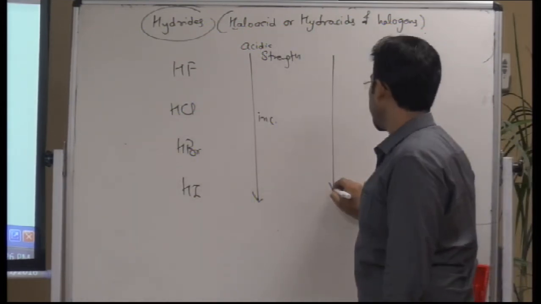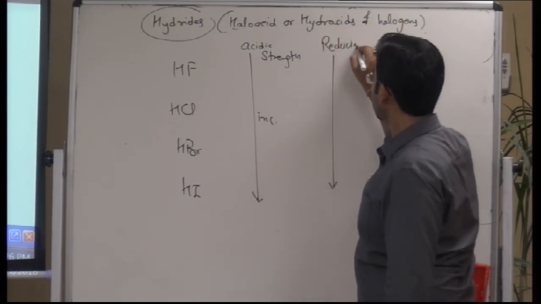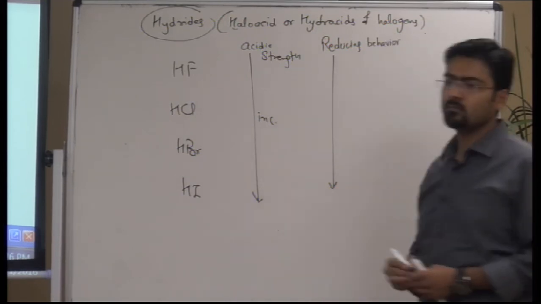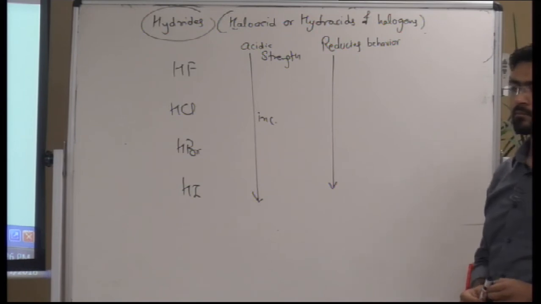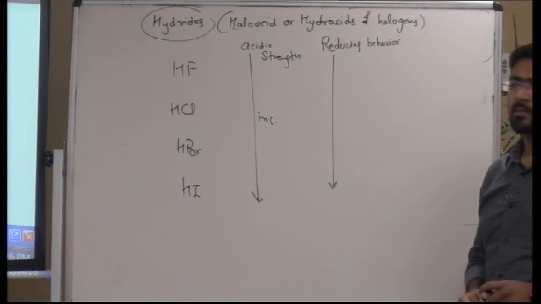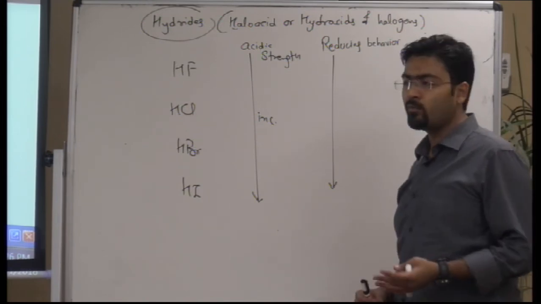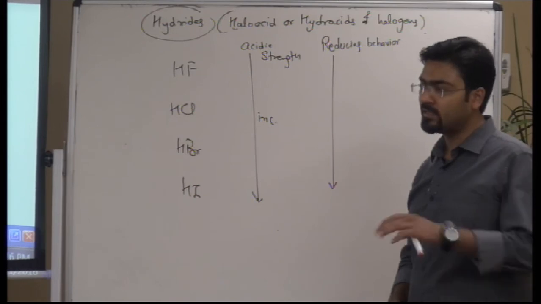The second is the reducing behavior. Reducing behavior depends upon ease of removal of hydrogen. So hydrogen can be removed, and what kind of hydrogen am I talking about? Not H+, but the nascent hydrogen here.